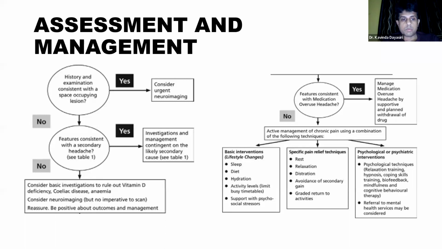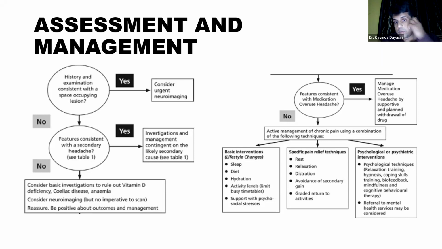Then it's also important to rule out certain medical conditions like vitamin D deficiency, anemia, and sometimes sickle cell anemia causing a sinus thrombosis. So it's important to do some basic blood work, look into them, and manage appropriately.